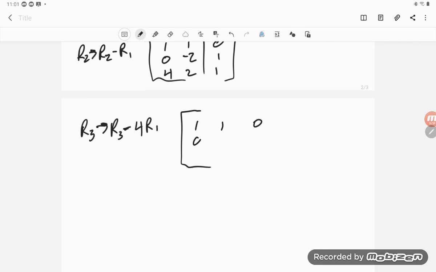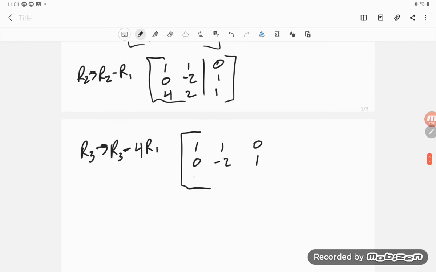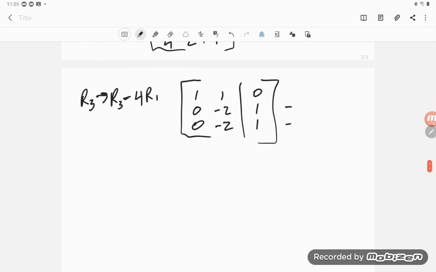That's 1, 1, 0. Row 2 stays the same this time. But now I take the 4 minus 4, I get 0. 2 minus 4, I get negative 2. And then 1 minus 0, 4 times 0 is 0, so 1 minus 0, I get 1. Notice these bottom two, they're the same equation, so this will have a solution.